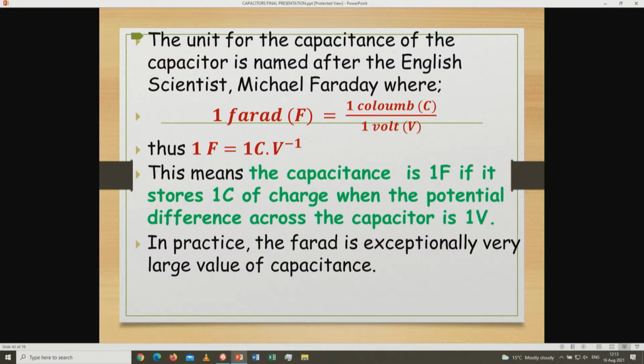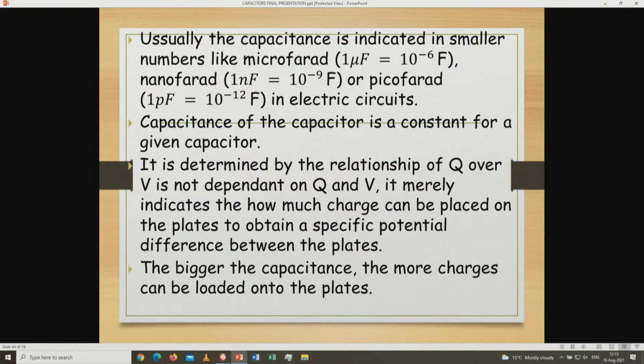In practice, the farad is an extremely large value, as indicated earlier on. So we usually indicate smaller values, like the microfarad. A microfarad is a factor of 10 to the power negative 6.